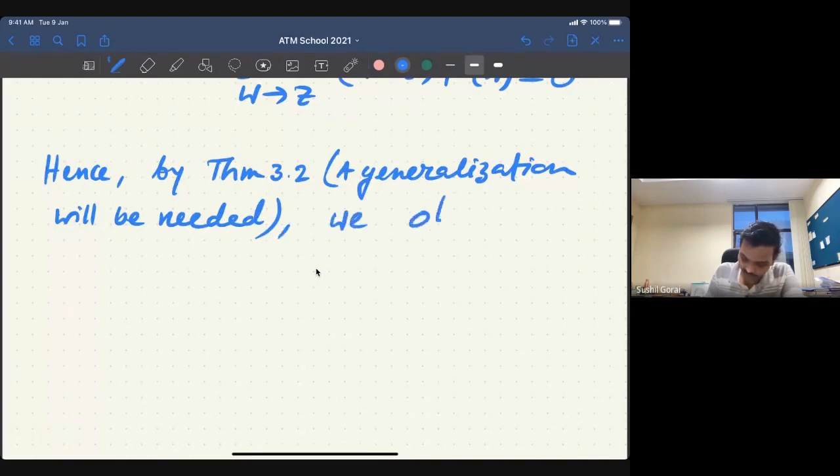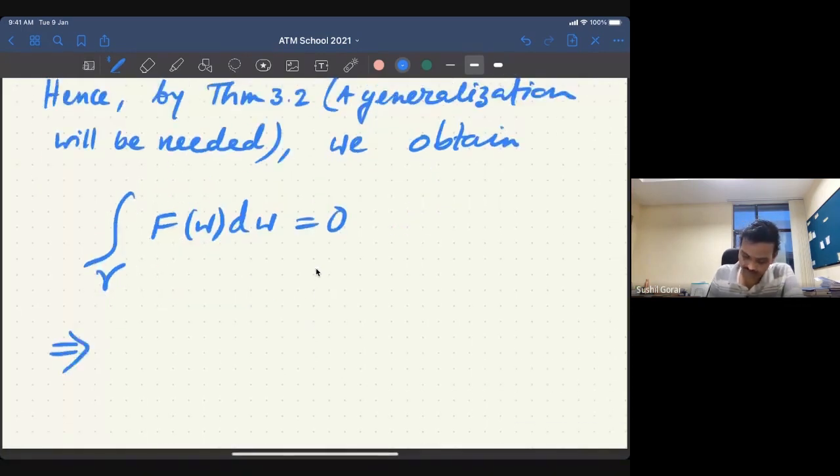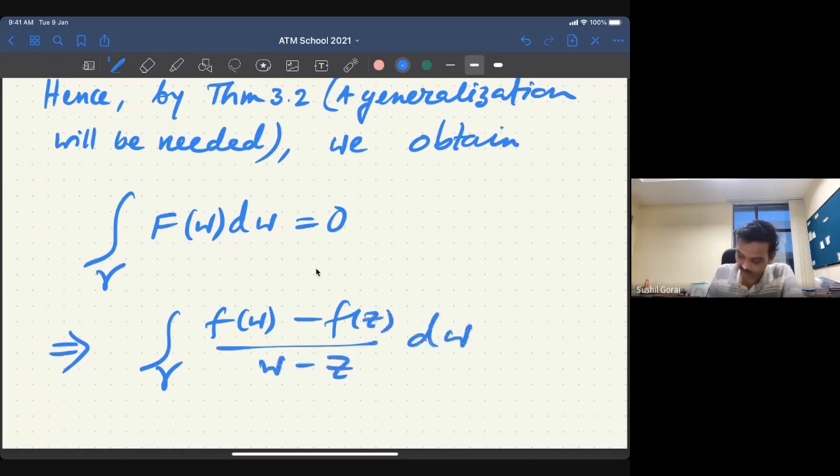So you obtain the integration over gamma of F(w) dw is 0. Hence the integration over gamma of (f(w) minus f(z)) by (w minus z) dw is equal to 0.